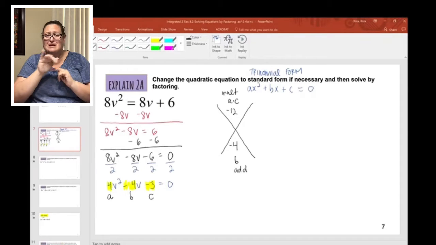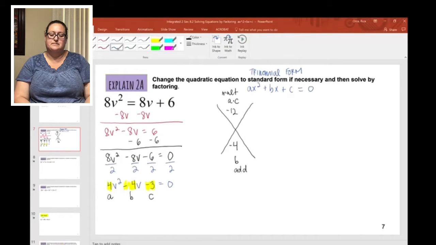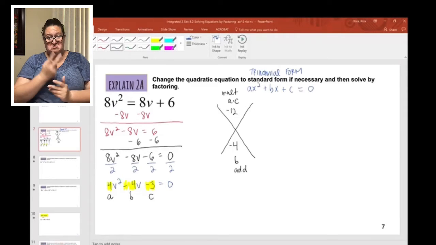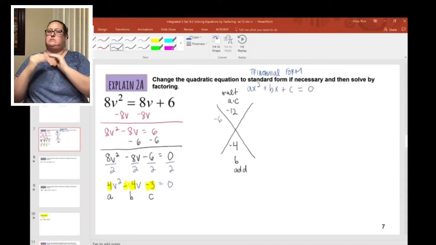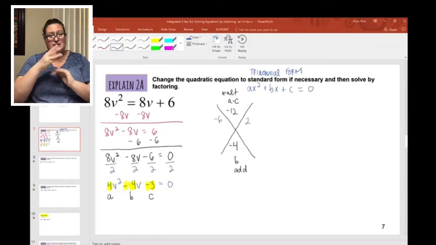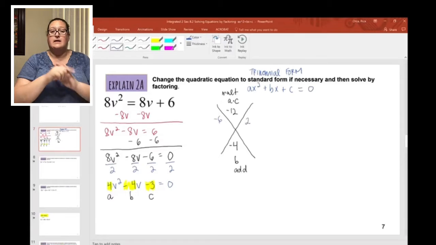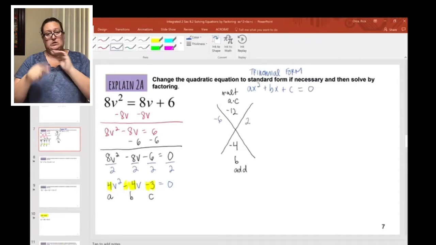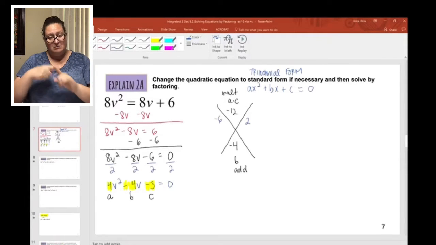I'll give you a few seconds. Perfect. So the two numbers that will multiply to negative 12, but will add up to negative 4, are negative 6 and 2. Negative 6 times 2 is negative 12. Negative 6 plus 2 is negative 4.